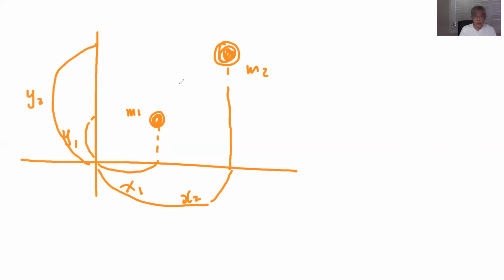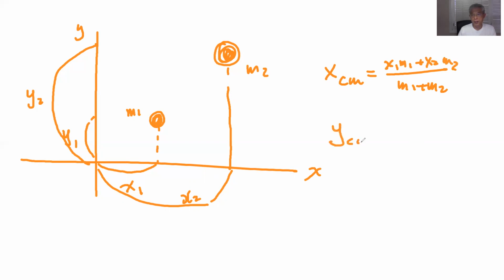Now in this case, this is my x and this is my y. In this case, you can find your xcm. It's your total mass, m1 plus m2, and then x1 m1 plus x2 m2. Same thing for your ycm. Your center of mass will be somewhere right there, like that.